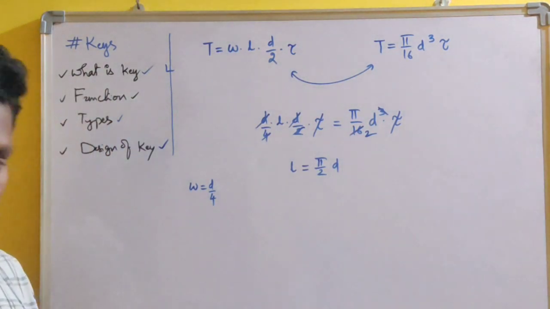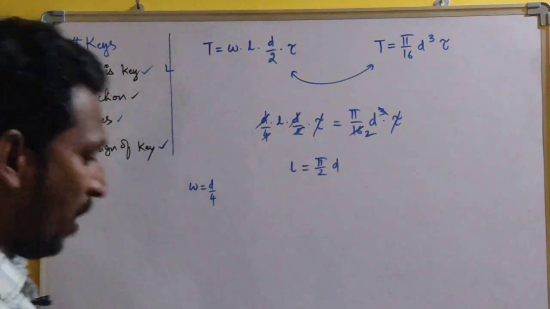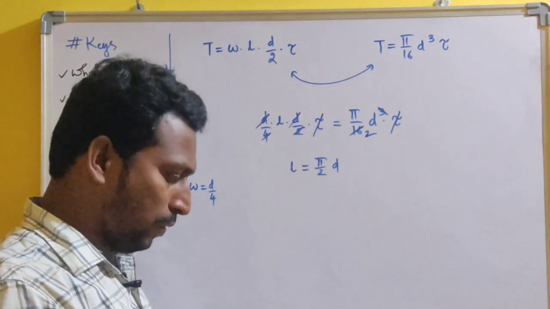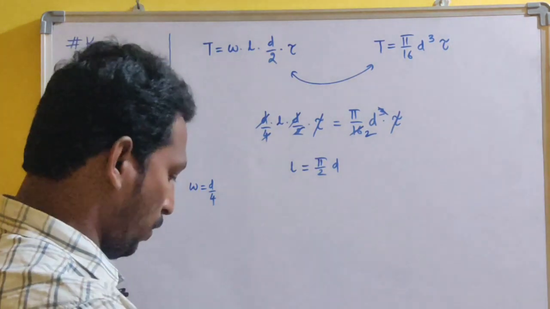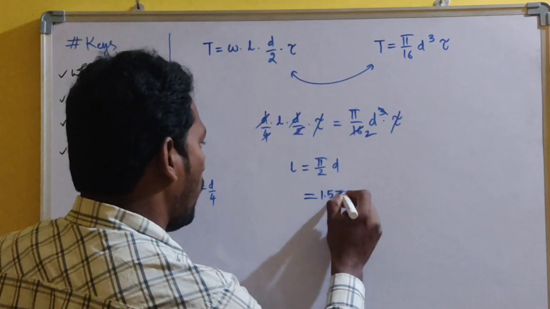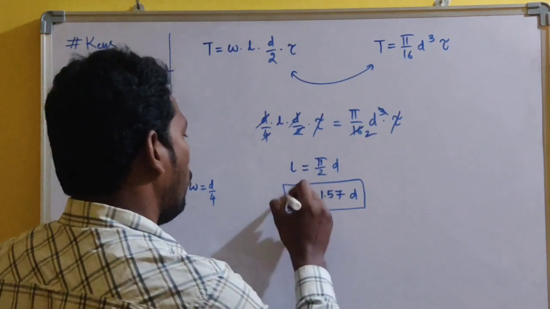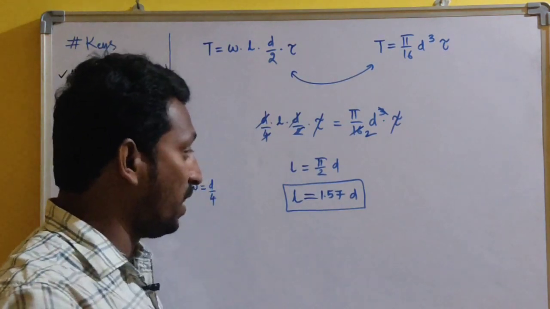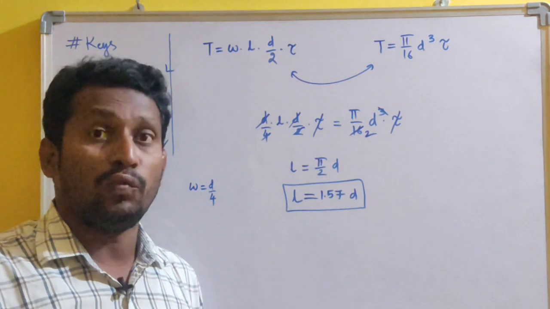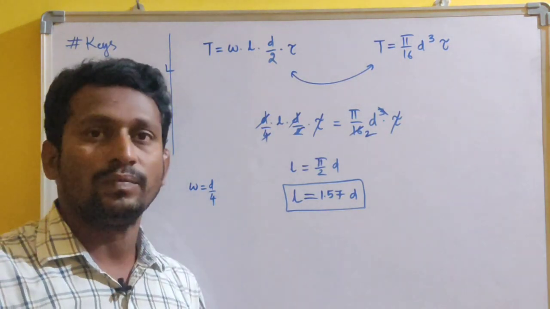Right, now see the relation: what is the value of pi by 2? Pi divided by 2 is equal to 1.57 times the diameter. So we can use this relation to find the length of the key. When we know the diameter of the shaft, we can find the length of the key.